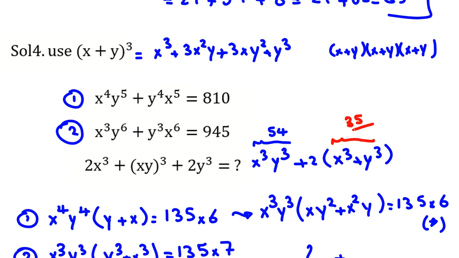So if I replace it, 35 over 2, it will be what? 2 times 35 over 2 will be what? 35. 2 and 2 will be cancelled. 35 plus 54 equal to what? 5 plus 4, 9, 3 plus 5, 8. So we've solved and reached again 89 by fourth solution.